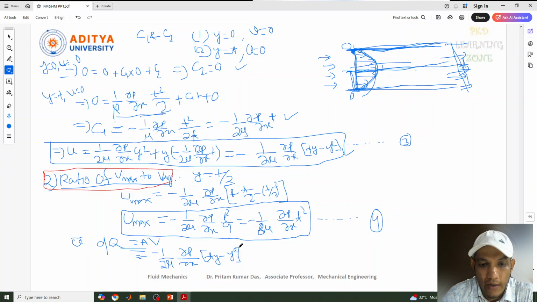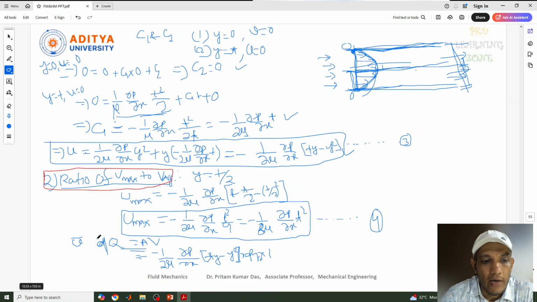And the area is the thickness dy into 1. I'm taking only the small element first, then I'll go for the total.